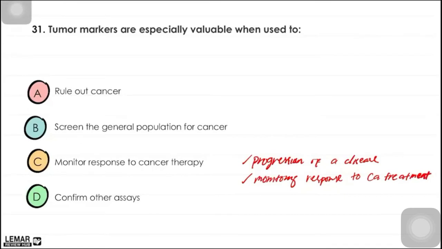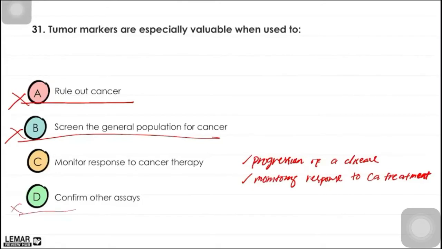Tumor markers represent a diverse group of molecules, which include serum proteins, hormones, receptors, enzymes, oncofetal antigens, and metabolites. So for number 31, we cannot use tumor markers to rule out cancer, screen the general population for cancer, or confirm other assays.